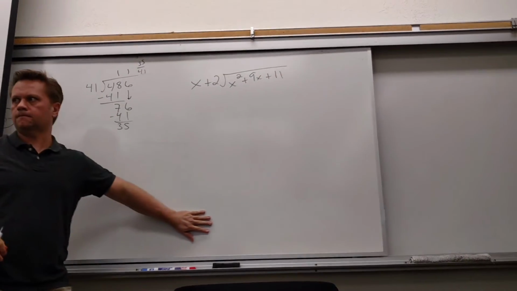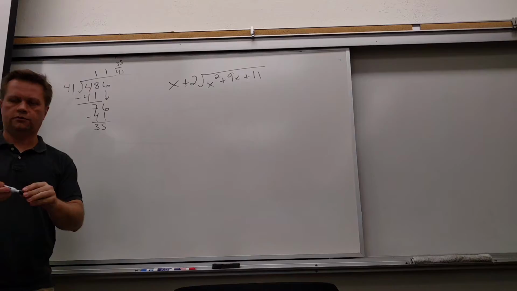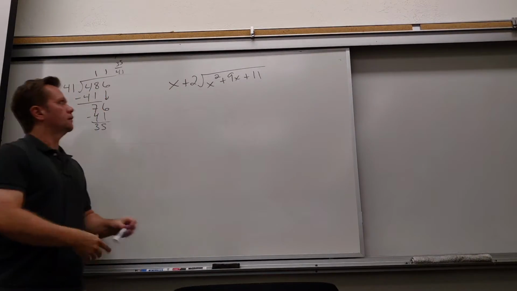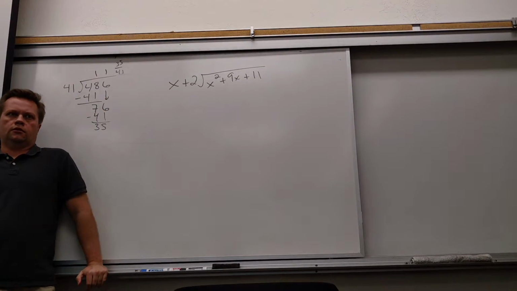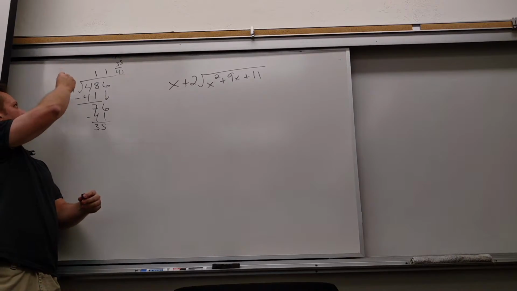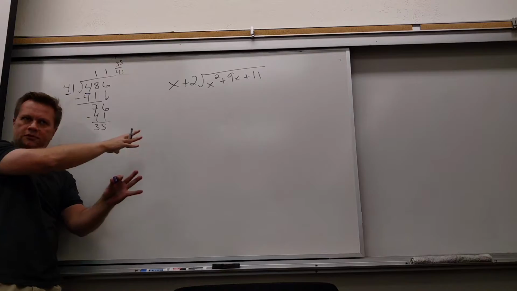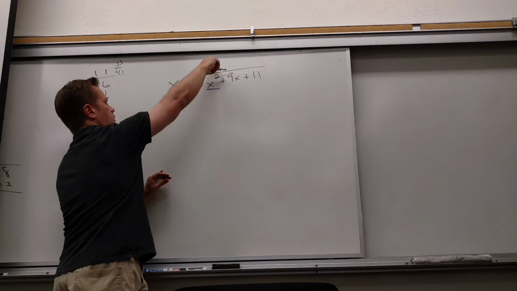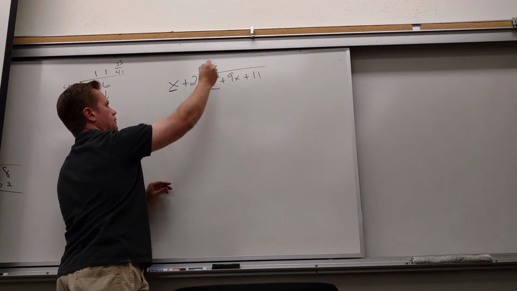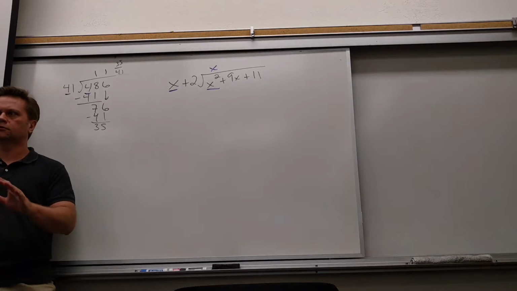So again, just like we did here, like 4 into 4 is 1, or like 2 into 7 was 3. So x times what is x squared? X. I like it. We stop there. Everybody cool so far?